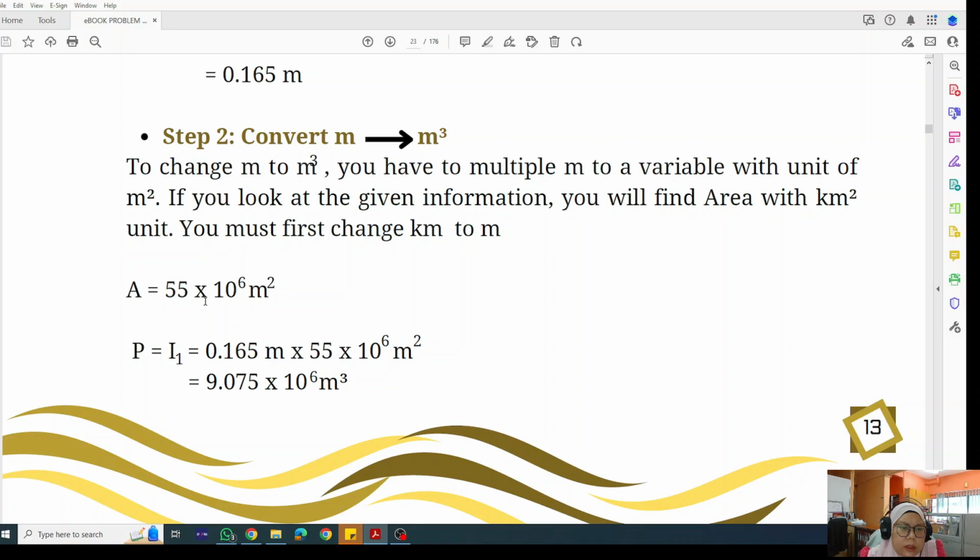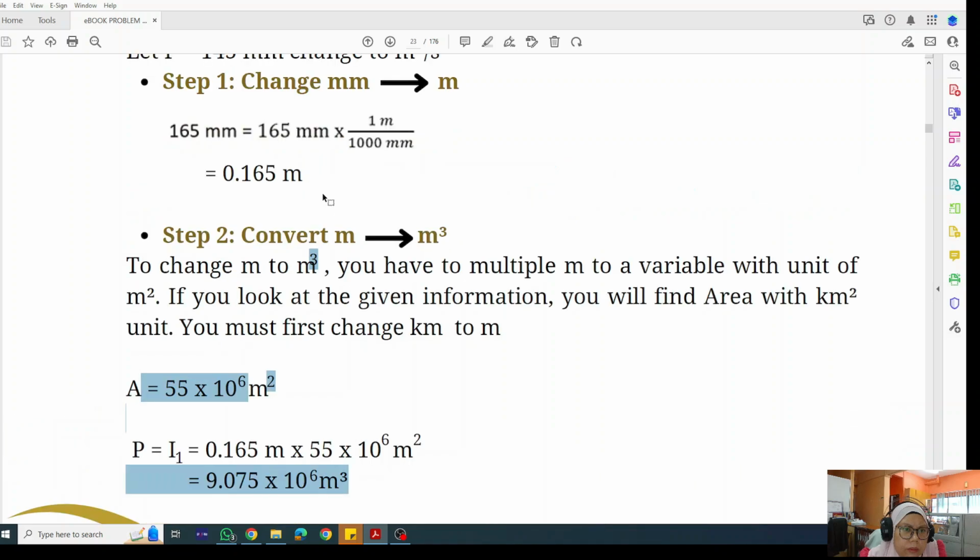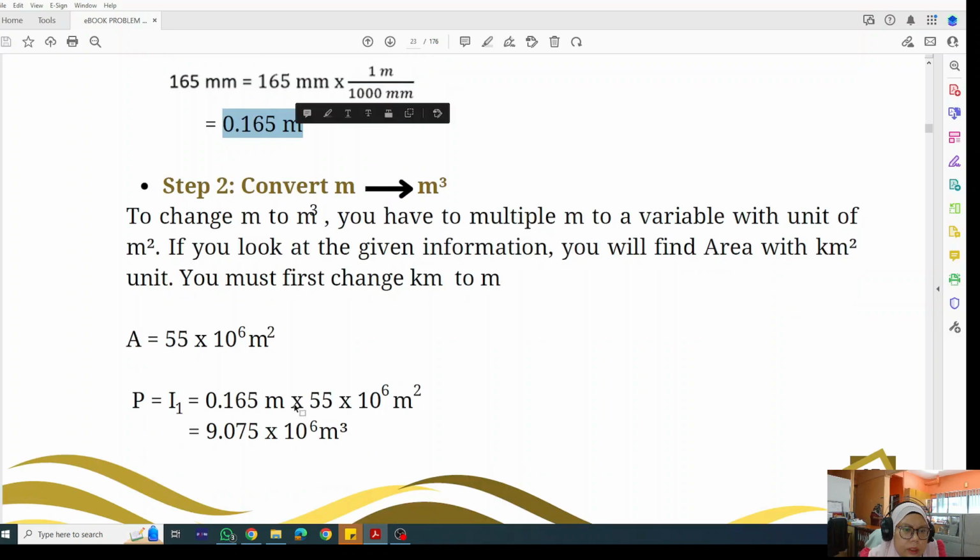So this one we can multiply with the value we have obtained just now, 0.165 meter. So 0.165 meter times 55 times 10 to the power of 6, you will get 9.075 times 10 to the power of 6 meter cube.